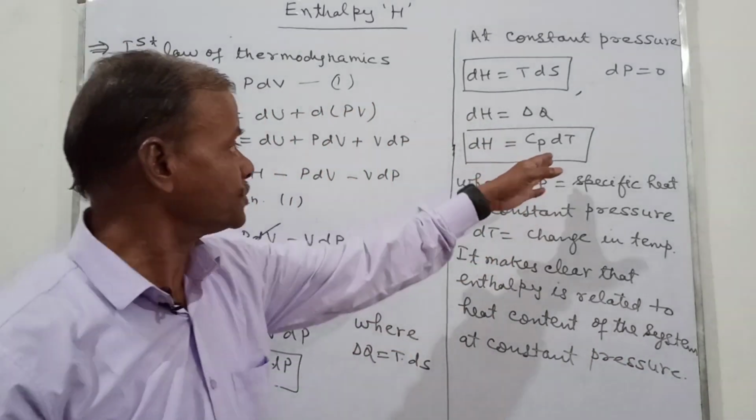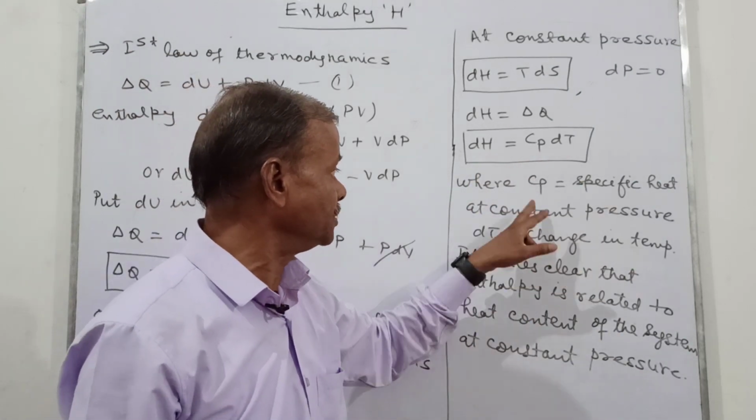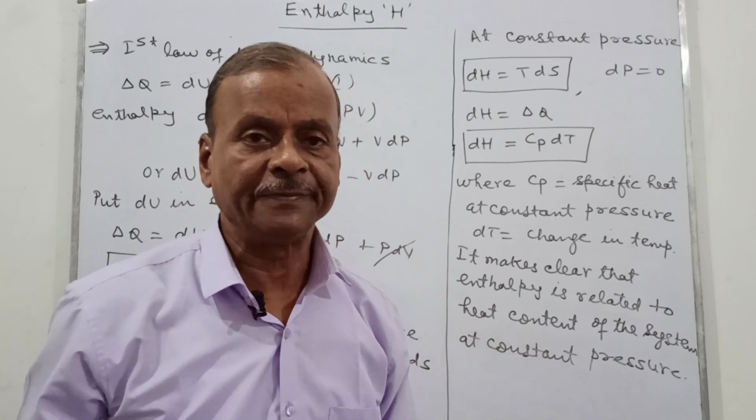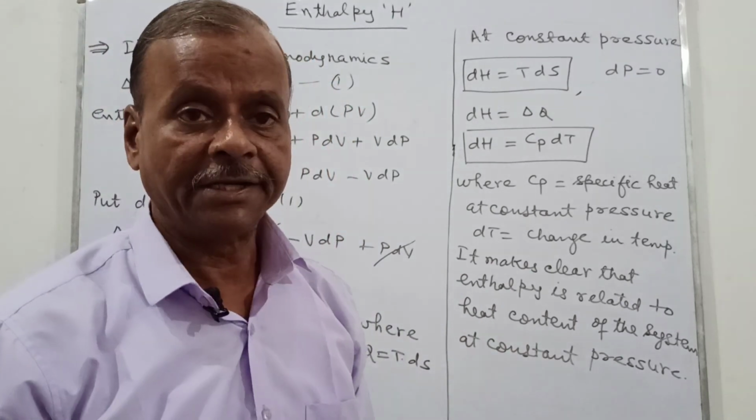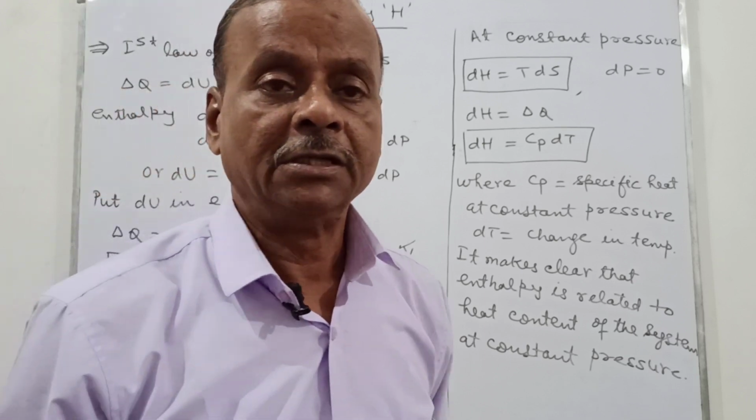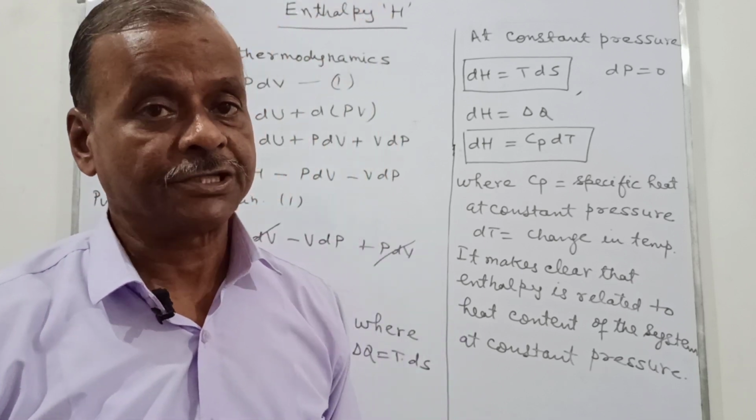So when pressure is constant, then dH equal to Cp dT. So this is the heat. So it means that whenever there is a change in enthalpy, this is the change in the heat, or this enthalpy is related with the heat content in the system.